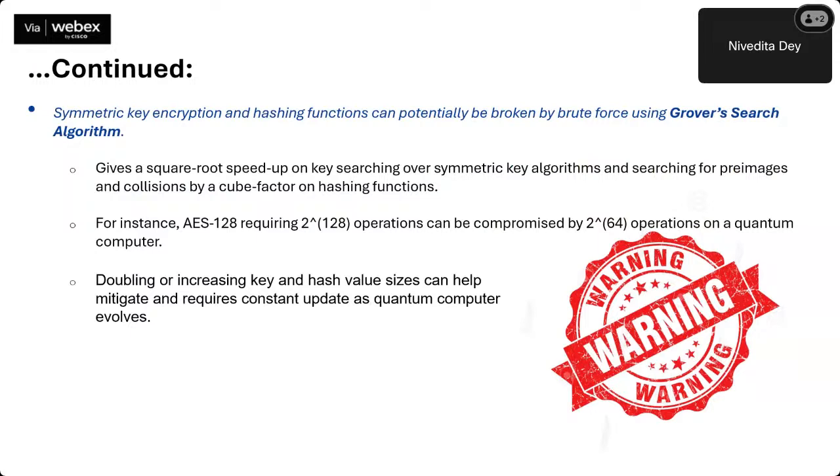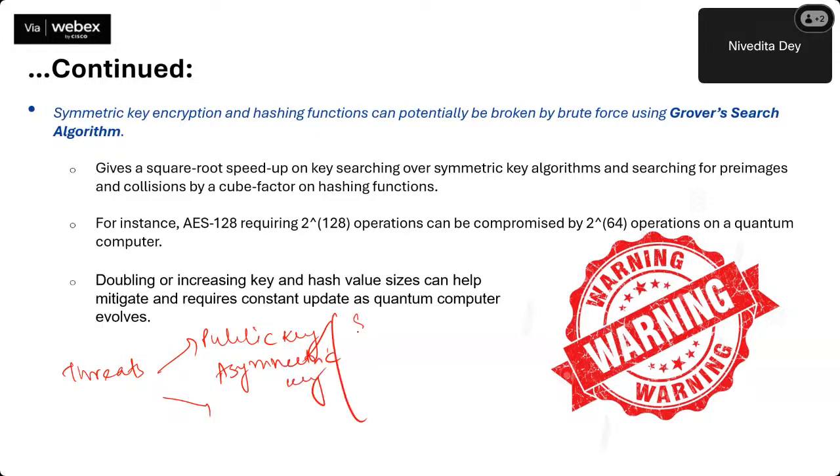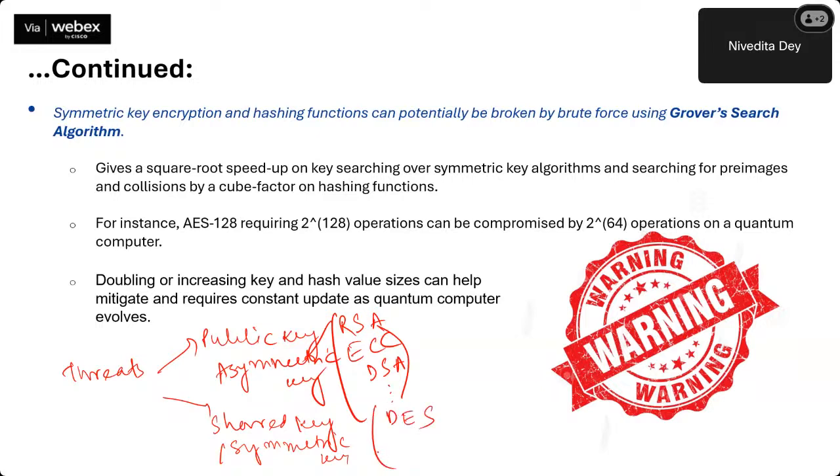What I have just said is that threats can happen to both: either the public key, or asymmetric key, which is for RSA, ECC, DSA, and all these public key or asymmetric algorithms, or it can also happen with the shared key or symmetric key. What are the algorithms? DES, Triple DES, AES, all these algorithms.